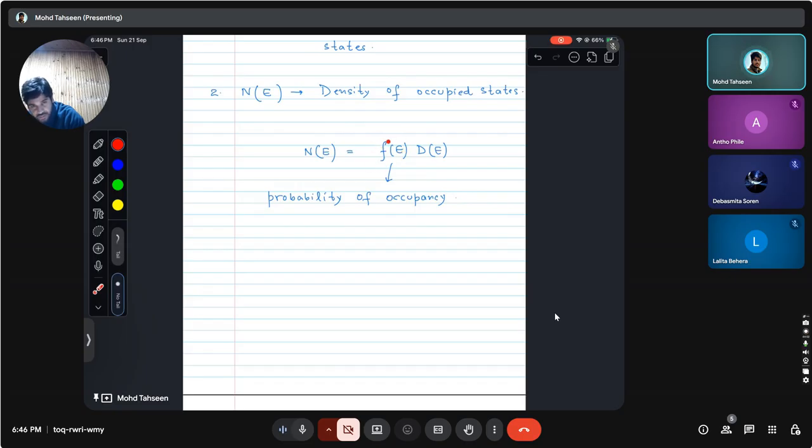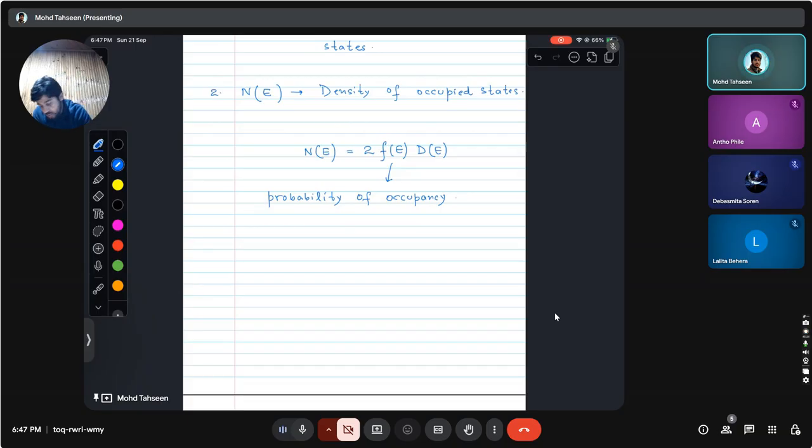Our goal is to find this and this. Sometimes we can also place a 2 here to count the spins of electrons differently, but this is not important. We can arrive at the same results or similar results qualitatively without having this 2 there.